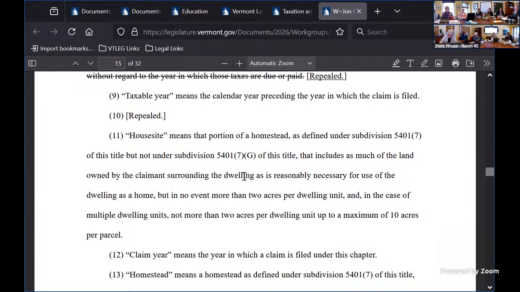But it's basically the necessary land around your principal dwelling that's included with your house site. So it's a smaller portion than homestead, which is your dwelling plus all of your land within the parcel. The house site is just your dwelling plus the necessary land around it, up to 2 acres for a single dwelling unit and up to 10 for a multi-dwelling unit.